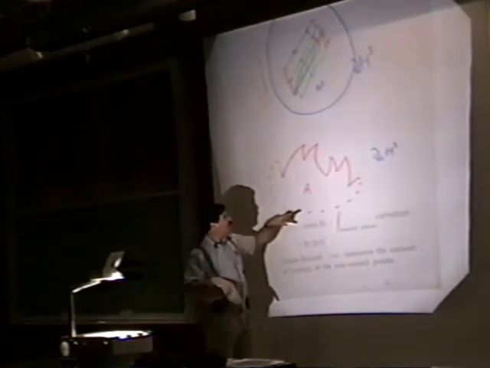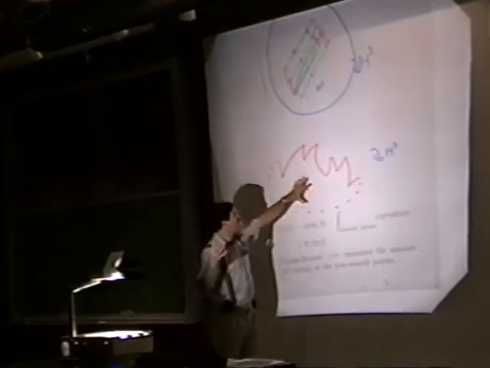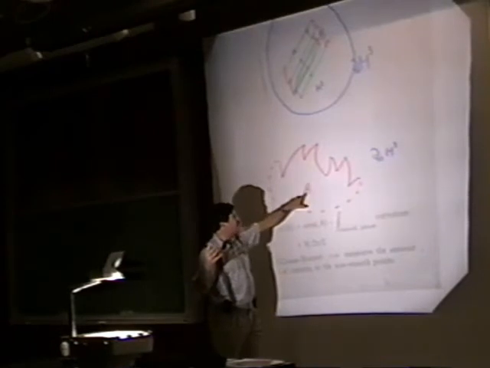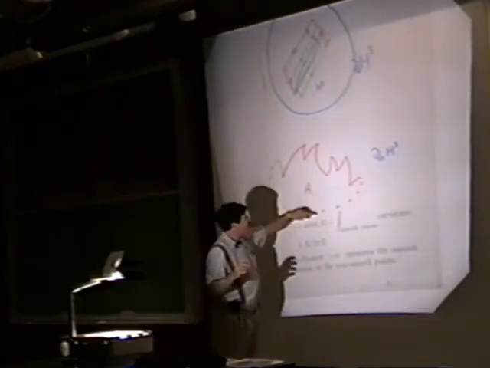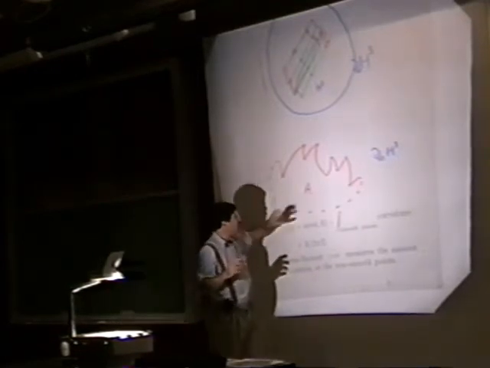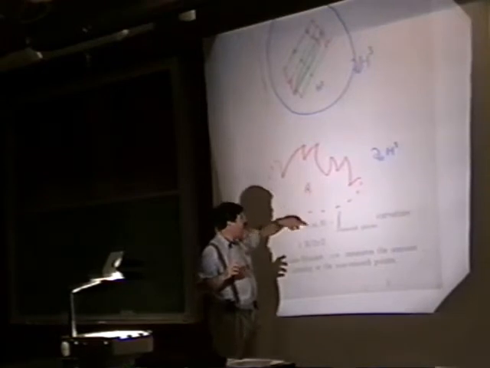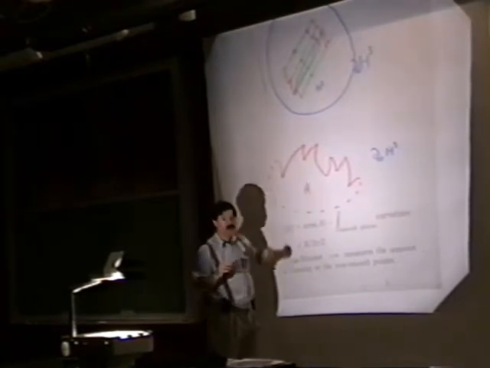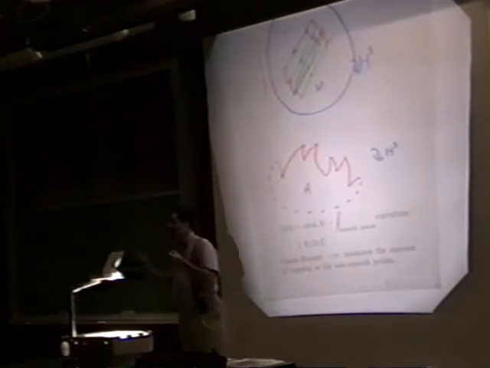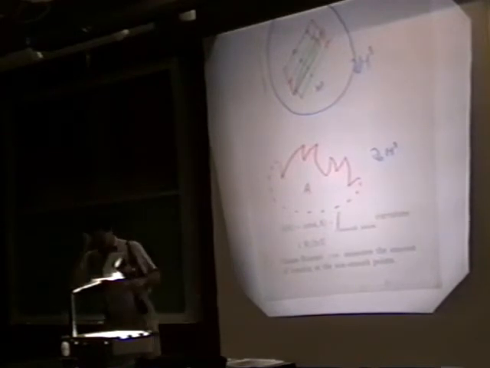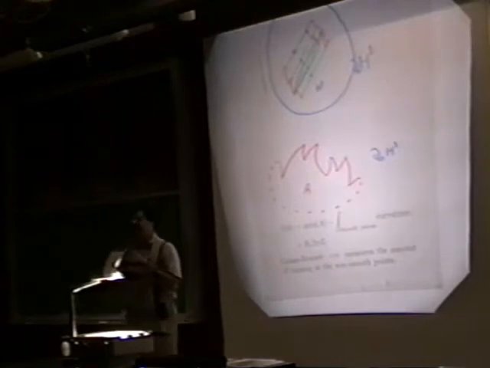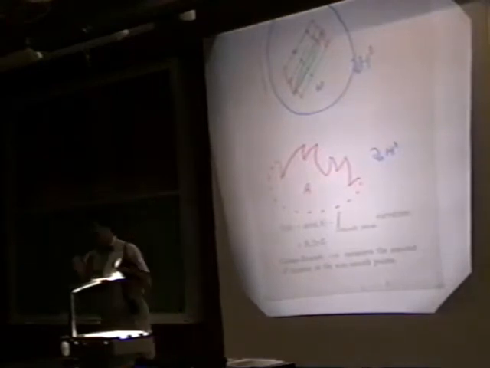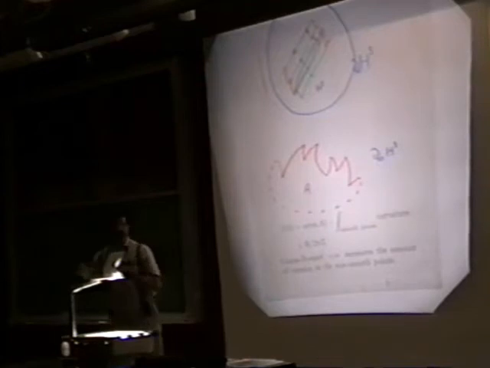If it bounds some surface A, it doesn't need to be embedded, then the Gauss-Bonnet formula tells you that this integral is equal to the integral of the curvature, which is the area enclosed, plus something which depends on the topology of the enclosed area, the Euler characteristic, namely it's a multiple of 2 pi.